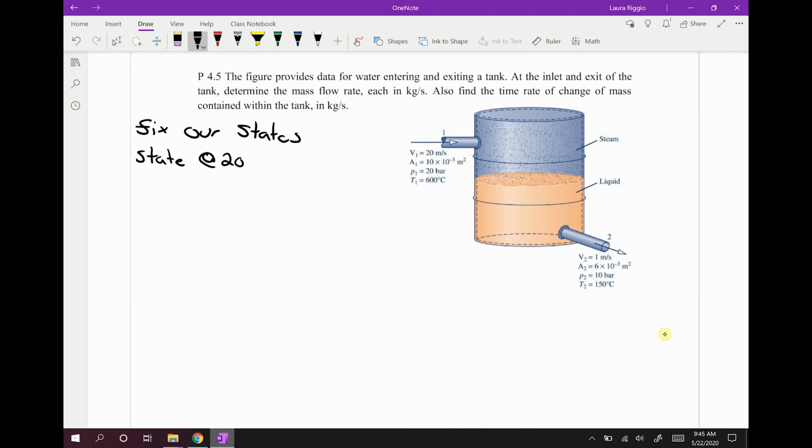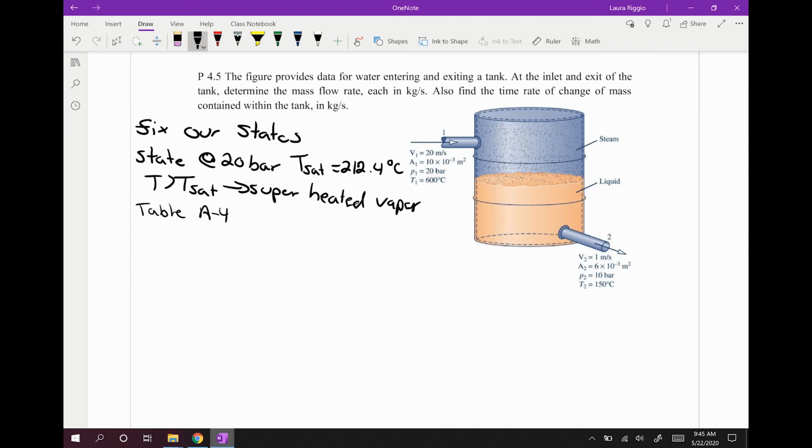At our given pressure of 20 bar, our saturated temperature is equal to 112.4 degrees C. Our temperature is greater than our saturation temperature, which means we are a superheated vapor. So from table A4, I get our specific volume at state 1 is 0.1996 meters cubed per kilogram.